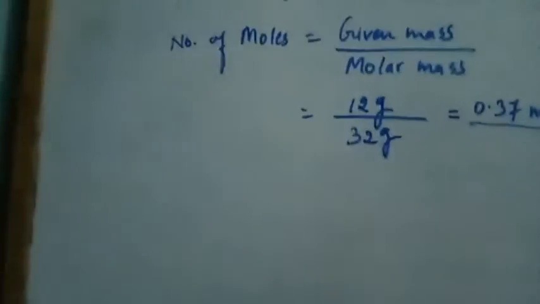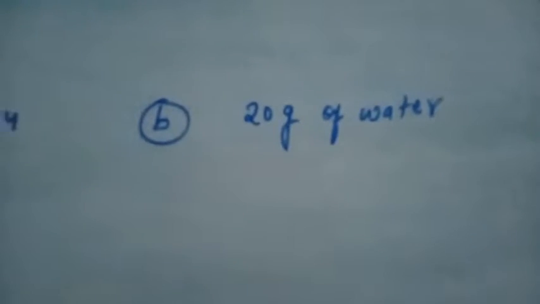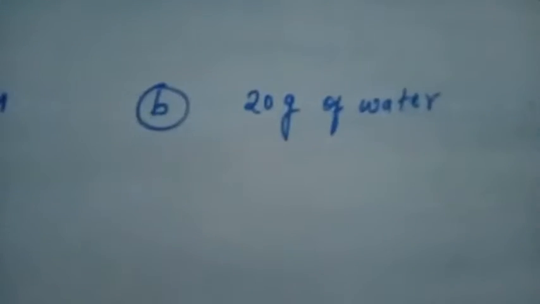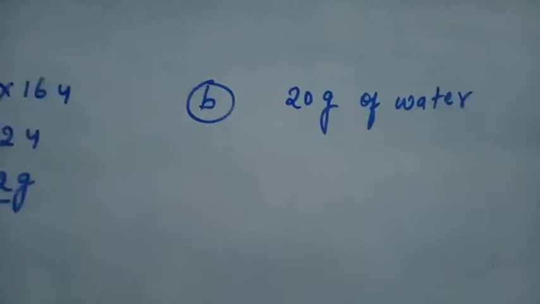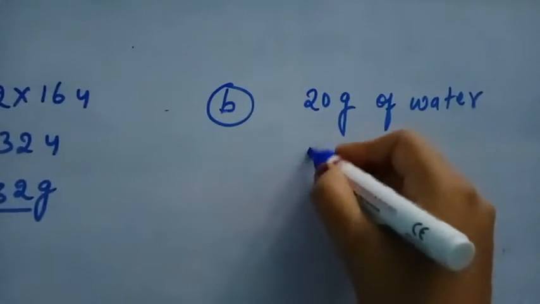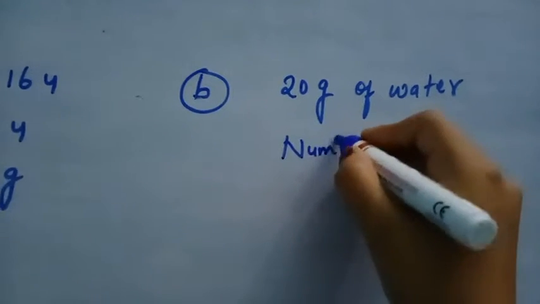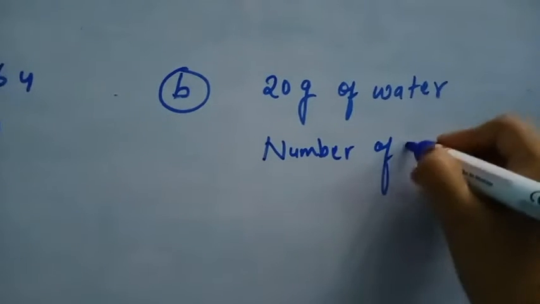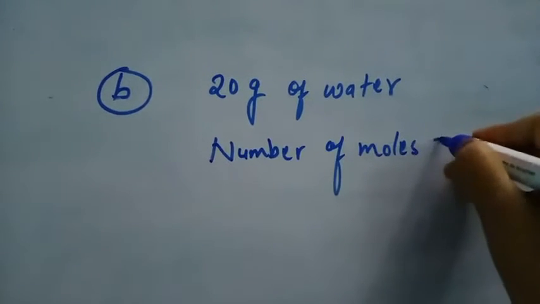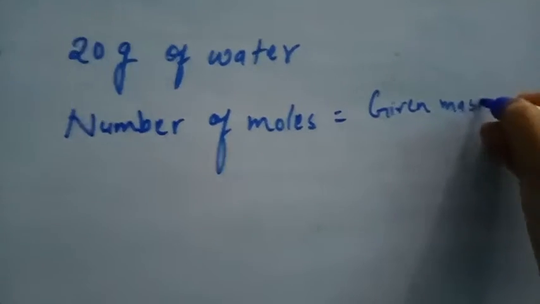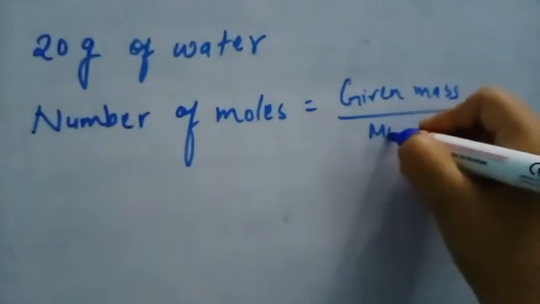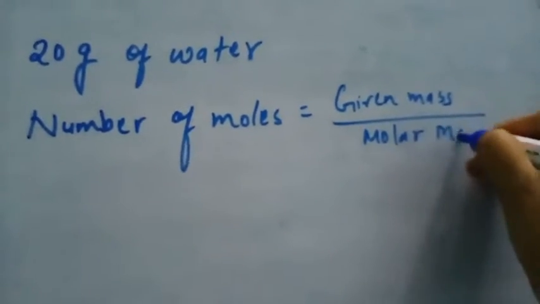Okay, now the second one is B, 20 gram of water. Convert into moles. To convert 20 gram of water into moles, we will just apply the same formula. Number of moles is equal to given mass by molar mass.